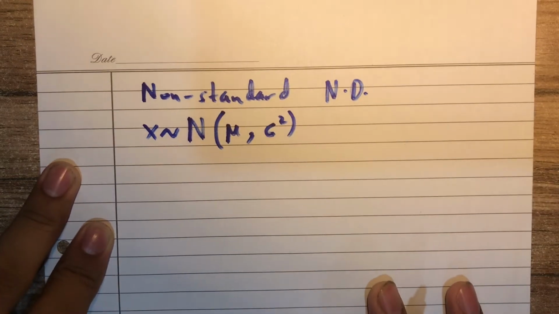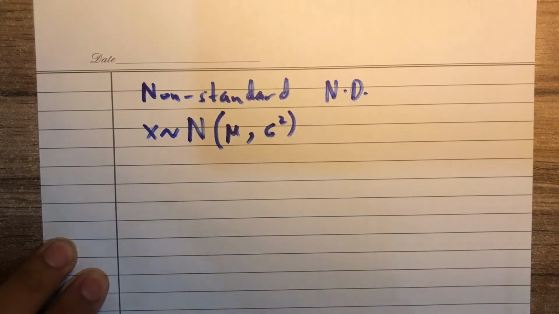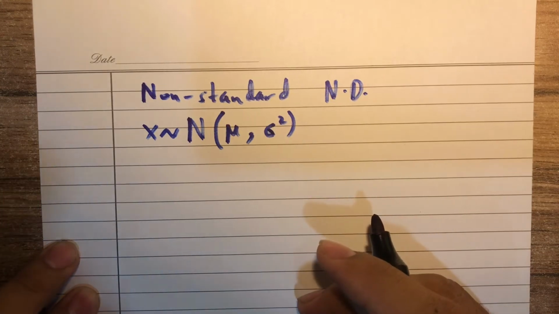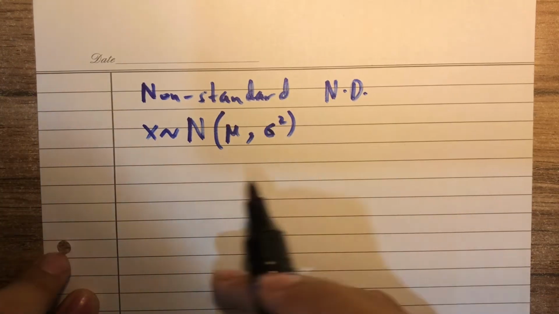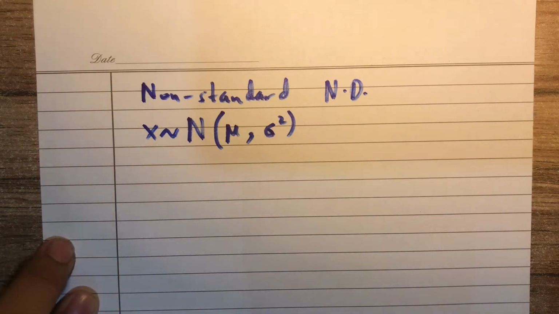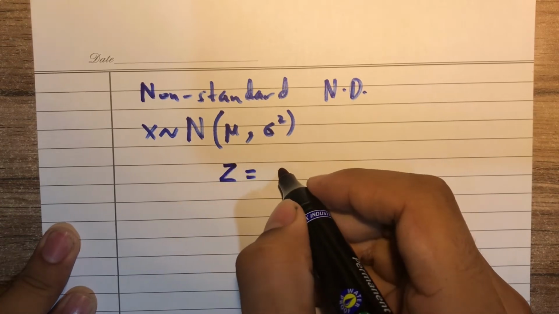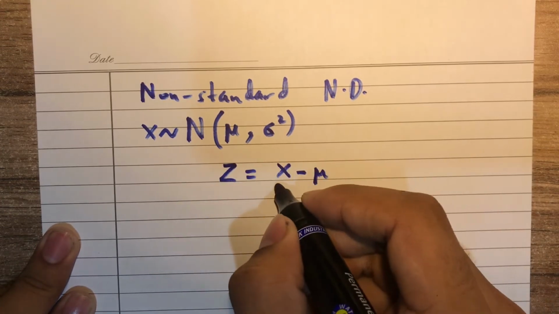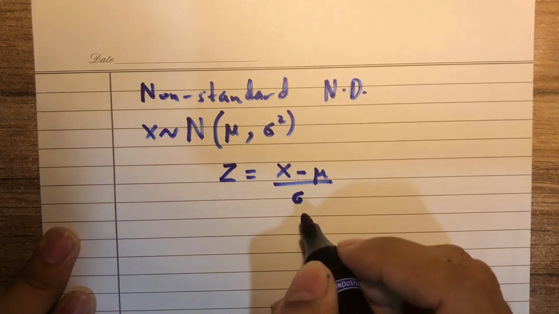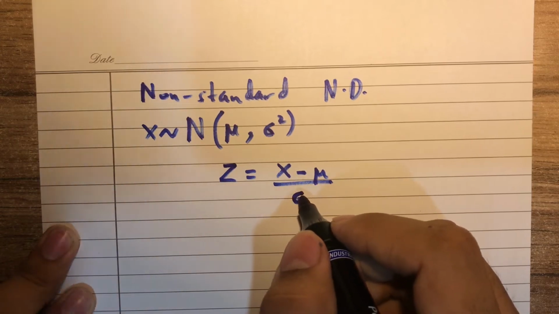Because the table in MF19 is only for the normal distribution with mean 0 and variance 1, we'll have to convert this normal distribution to the standard normal distribution. For that, the formula is that z equals x minus mean upon the standard deviation. It's the standard deviation and not the variance, right? So don't write the variance over here by mistake.